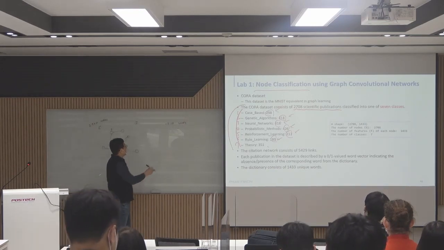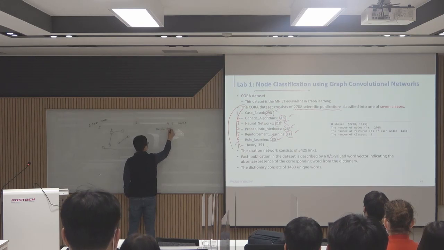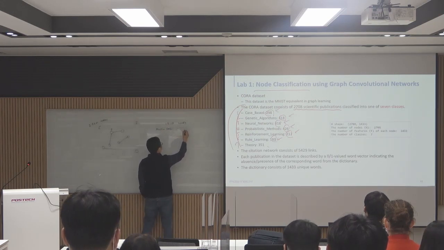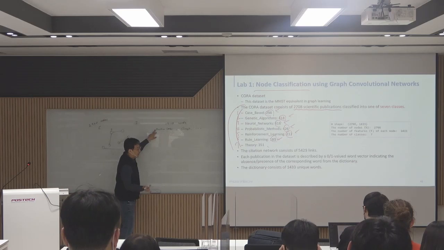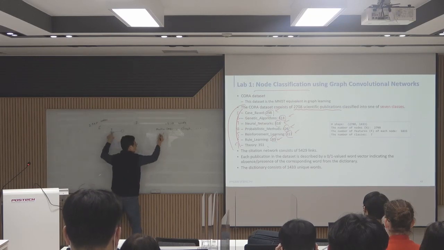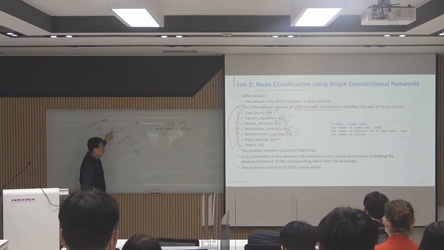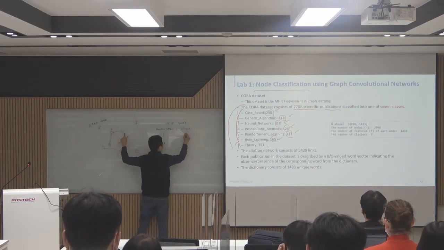Say the first keyword is machine learning, and maybe another is graph. If this paper does not have the word graph, then I assign zero.